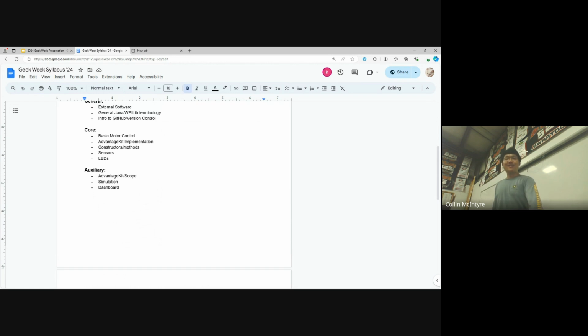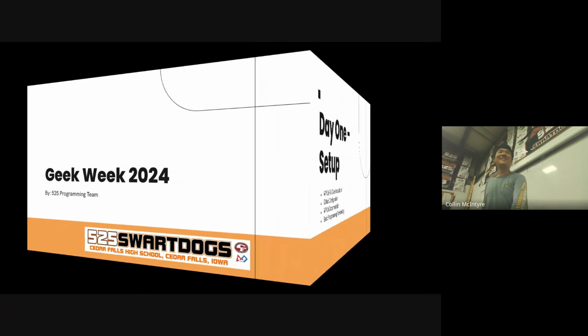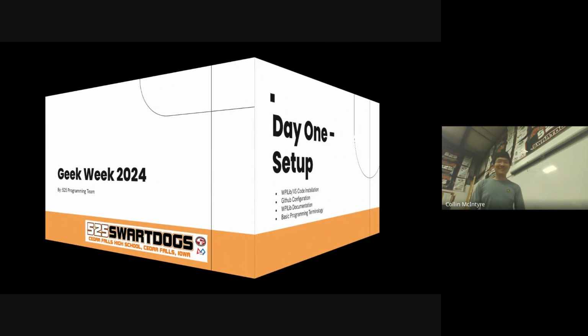So first of all, let's go back to the slideshow. Okay, so day one setup. Today we're just going to go over installation of our software, as well as joining the GitHub repo for our team members. I think the presentation froze.